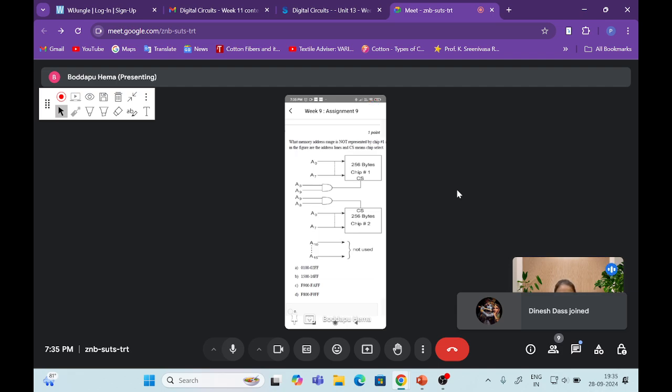In that case, you'll be able to find which range is not used, because they are asking which memory address range is not represented by chip 1 or chip 2.